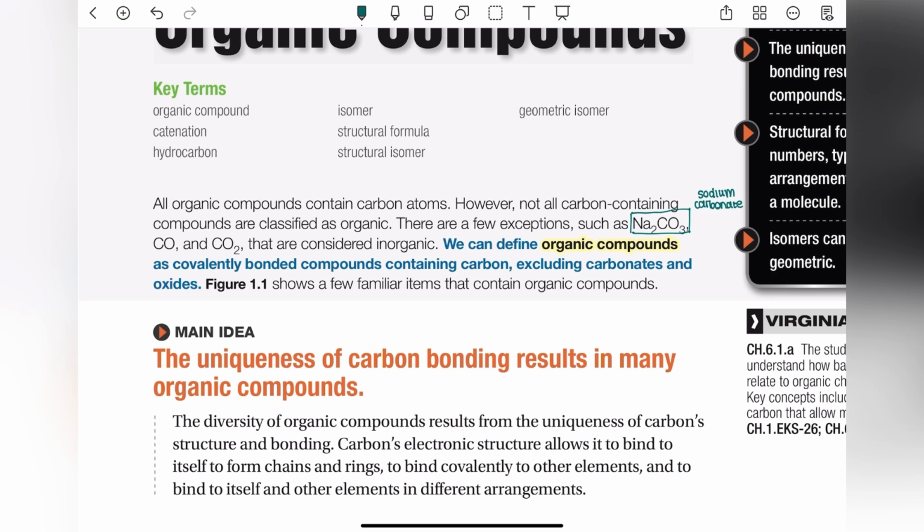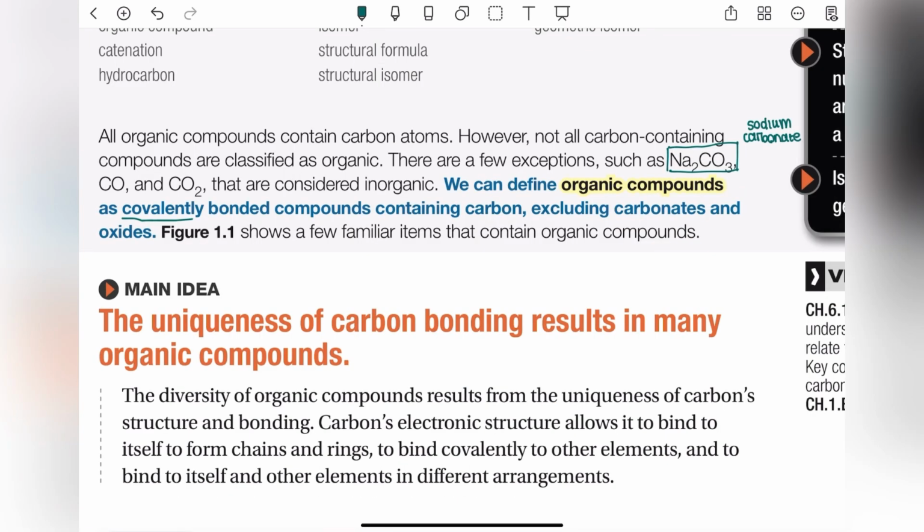Okay, so we can define organic compounds as covalently bonded compounds containing carbon, excluding carbonates and oxides. Oxides are chemical compounds with one or more oxygen atoms combined with other elements, and same for carbonates. Carbonates are chemical compounds with one or more carbon atoms with other elements.